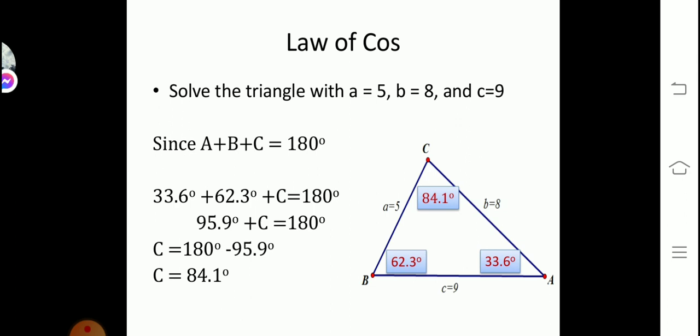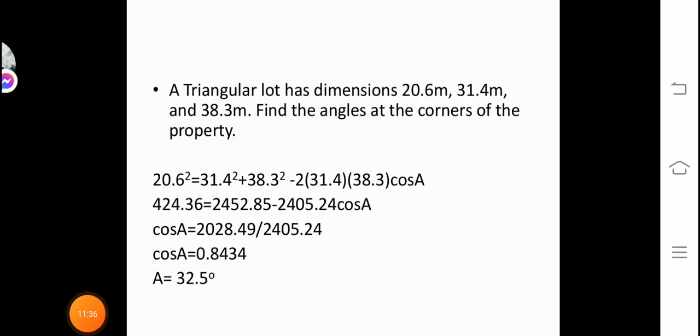So, a triangular lot has dimensions 20.6 m, 31.4 m, and 38.3 m. Find the angles at the corners of the property.